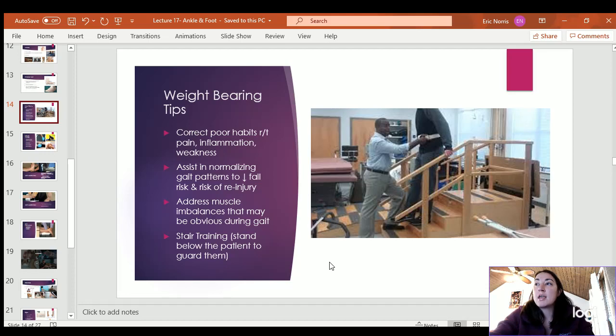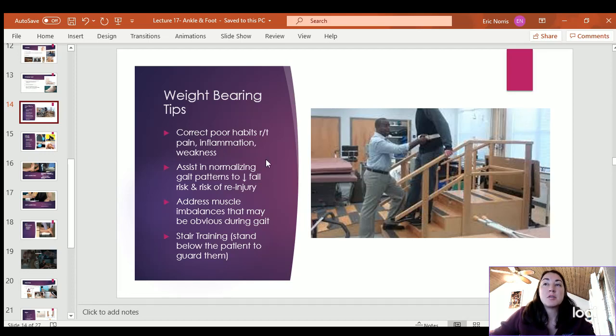If they are leaning too far forward, we may try and loosen up the psoas and get them standing up straight. So correcting those poor habits, educating about training errors like the proper footwear and the need to get new shoes every so often, the need to change up the direction when you're running. All those things are key.